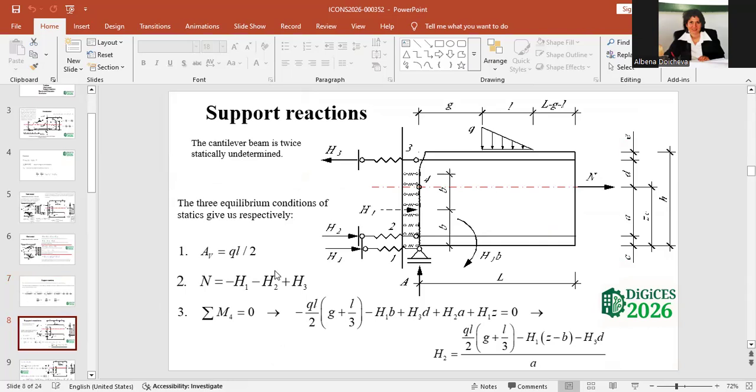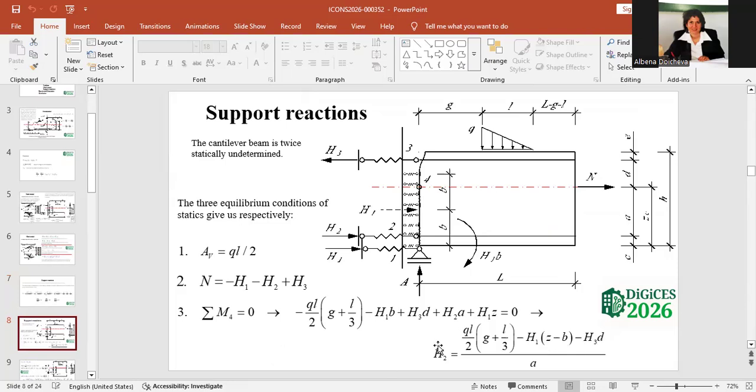We use three equations of statics. Two equations are for forces, and one equation is the moment equation. From these equations, we calculate, for example, H2 as a function of H1 and H3.